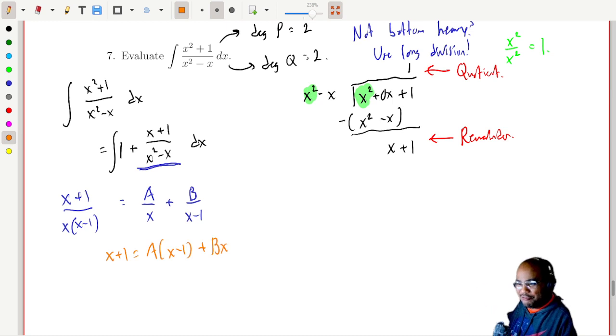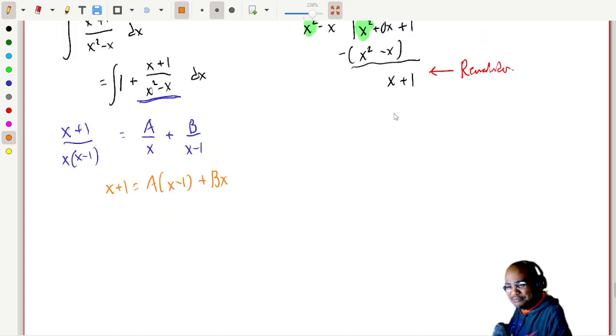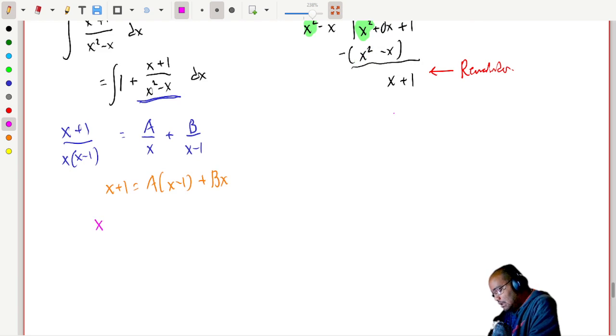All right. Cover-up method or equate coefficients, however you like. You should be able to see it, but let's do the lazy values here.